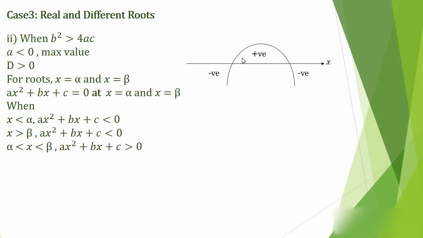The same here, where b squared is greater than 4ac, we have real and different roots, right? But then here, a is less than 0, so the curve goes upwards like this. And then where the curve is below the x-axis, you have that ax squared plus bx plus c is less than 0, meaning that it's negative.